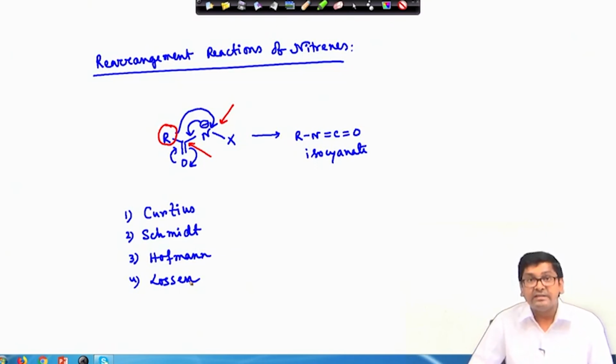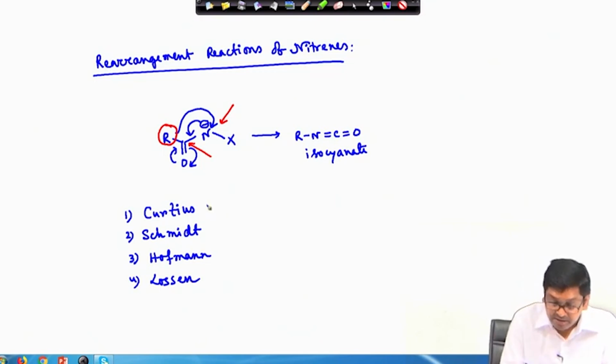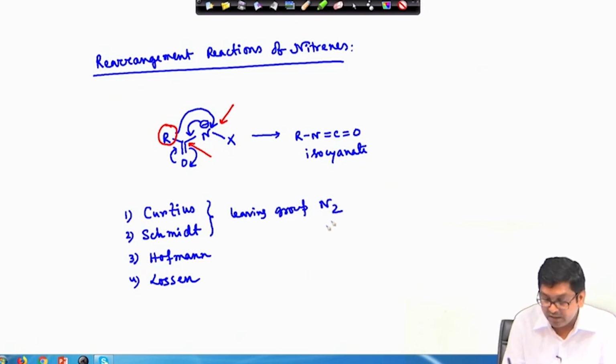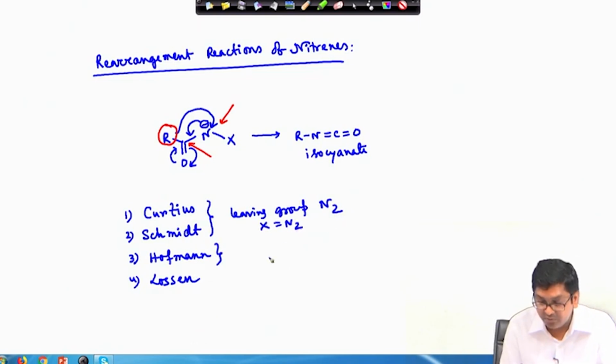In these 4 types of reactions, for the first 2 cases the leaving group is nitrogen, that means X equals nitrogen.